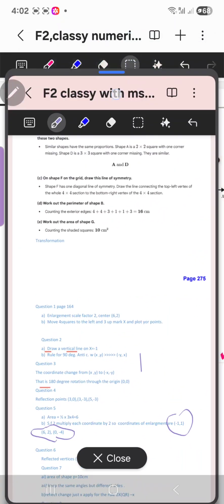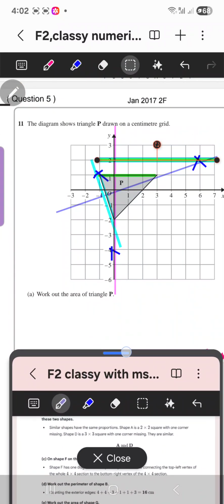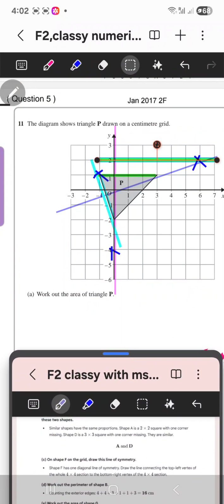So here it would be 6 and 2 and negative 2 and 2 here.